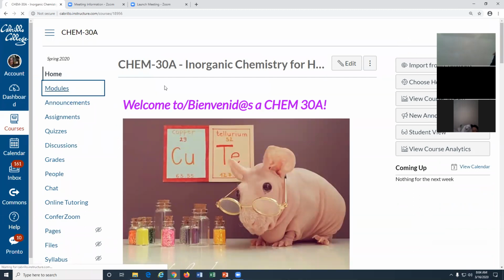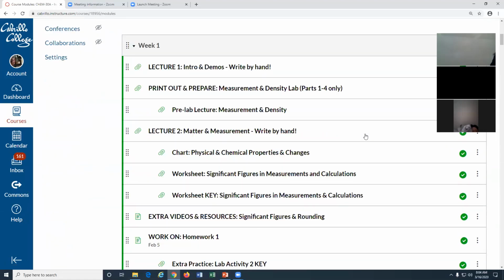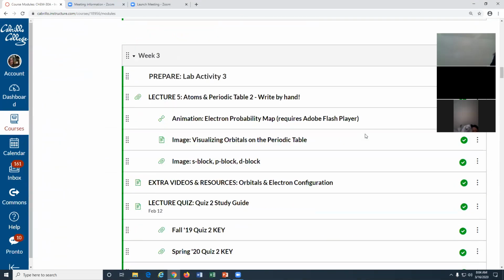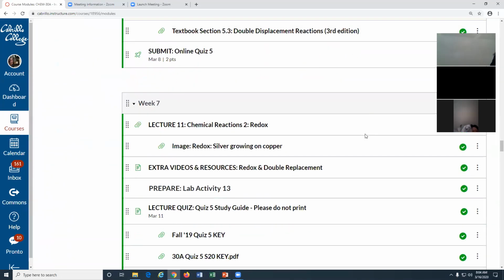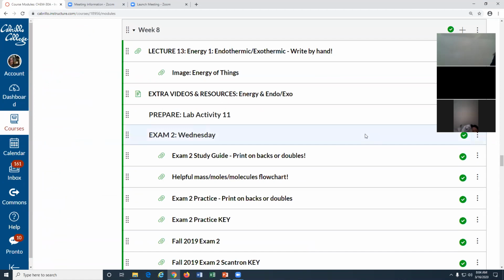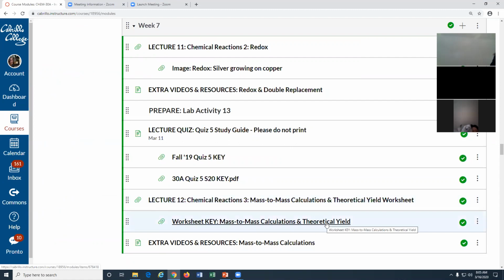So let's go to modules, and I just wanted to show you where you can check your work for the worksheet that we ended with last week, where you were calculating the mass in a chemical reaction. So here's the key right here, in week 7, that's when we did it.